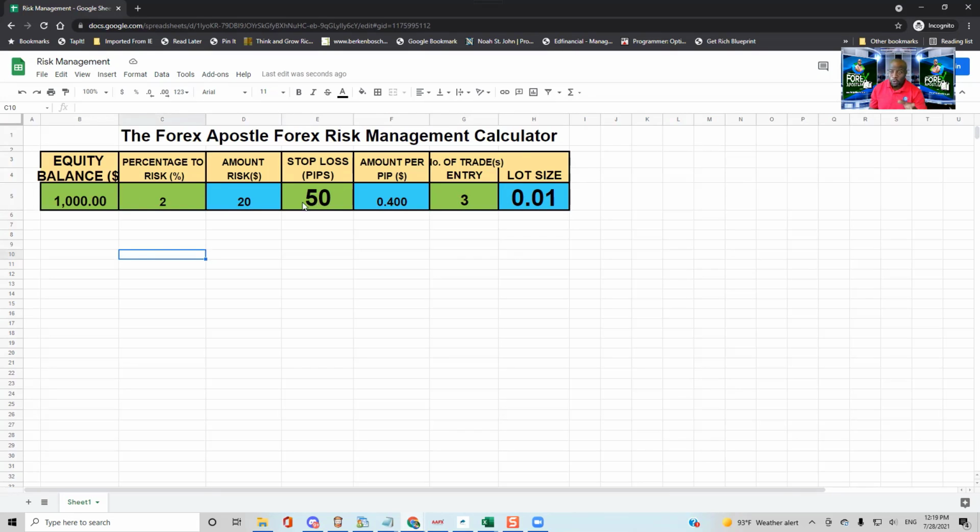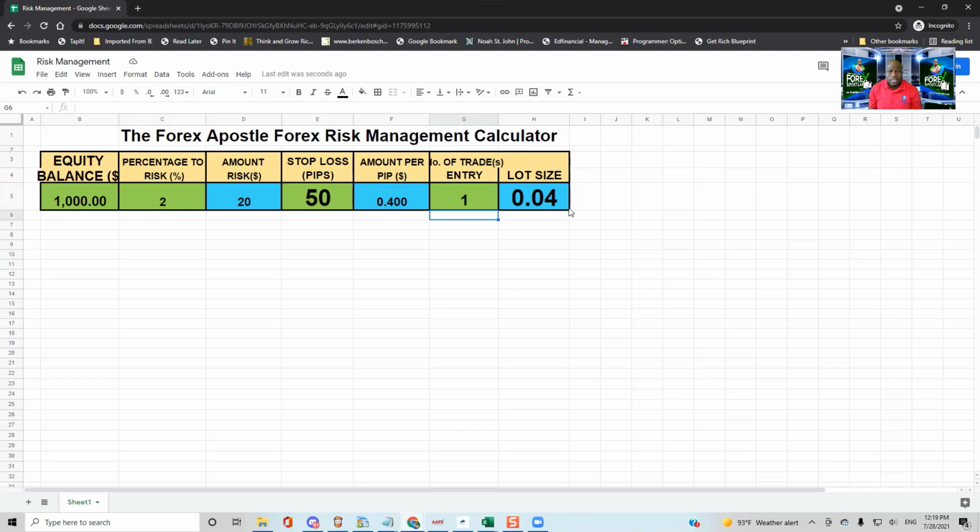And of course, the stop loss based on my analysis is 50. That will tell me the amount per pip right here is 40 cents. And how many trades am I placing? 3. Then the lot size will be 0.01. So let's say you are placing just one trade. It's going to be 0.04 if the stop loss is 50.